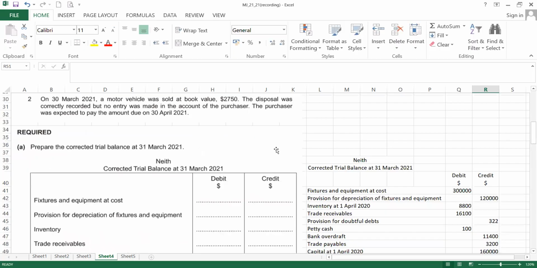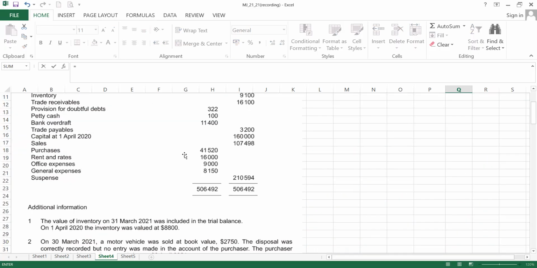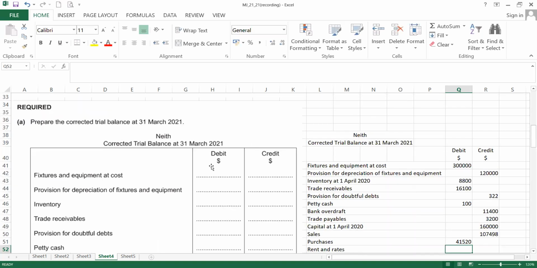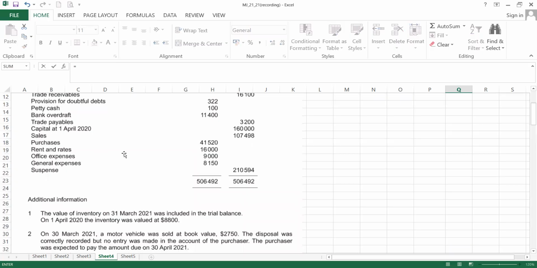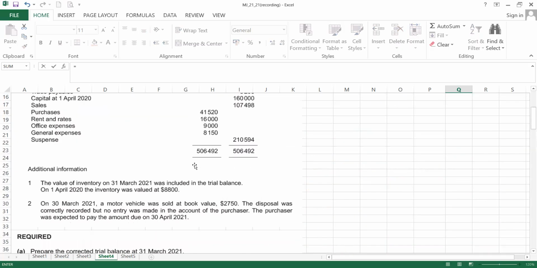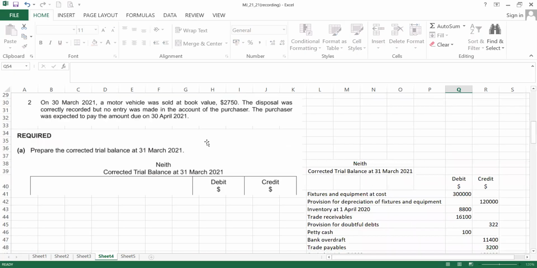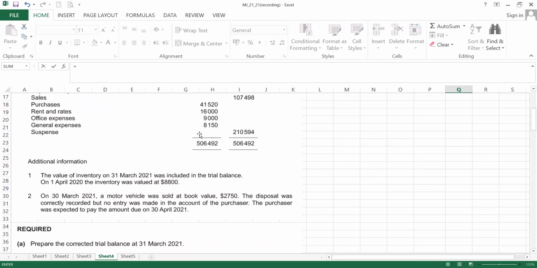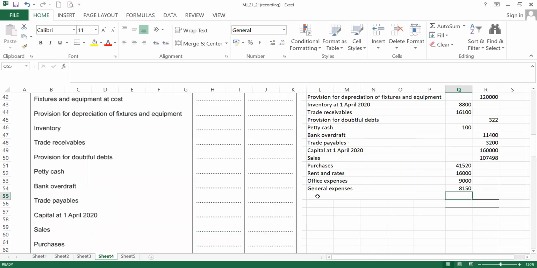Now next is purchases. Purchases is a cost of sales. Cost of sales is on the debit side. And then rent and rates is on the debit side, 16,000. And then office expenses, also expenses on the debit side. And then general expenses, 8150. So this is the amount that we have.